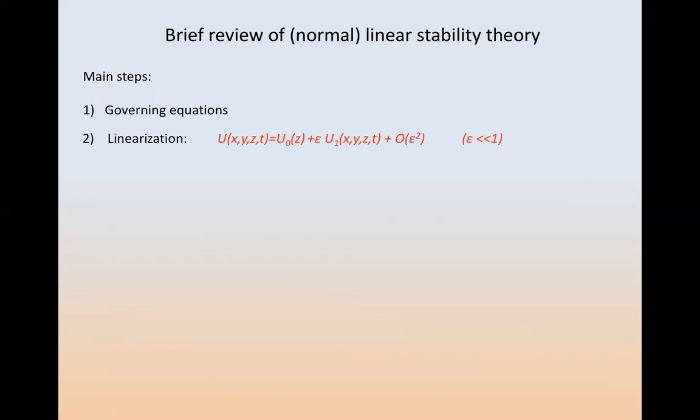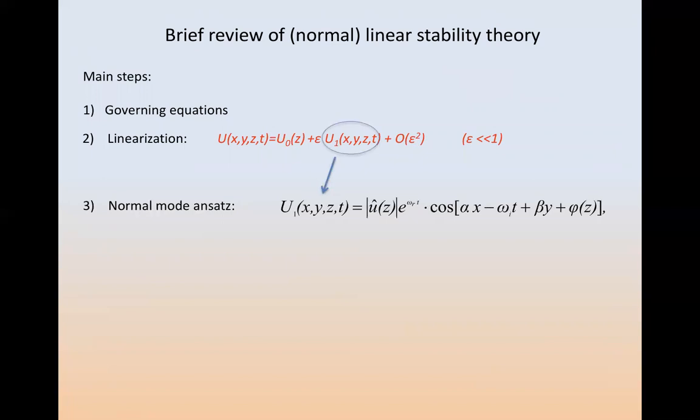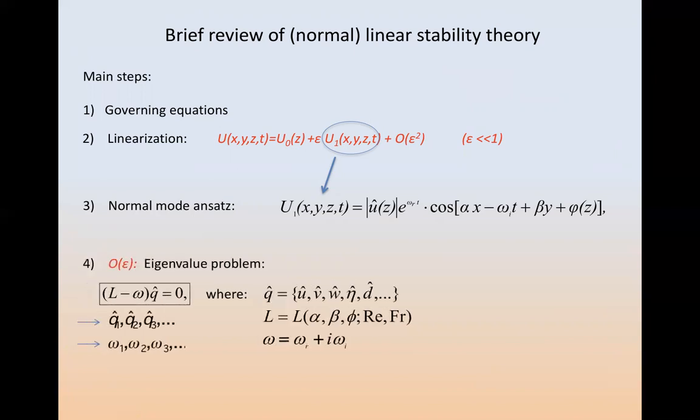So you're assuming a small parameter epsilon, and a normal mode ansatz, so a particular structure of the solution, where omega r plus omega i is particularly important because it's the eigenvalue of an eigenvalue problem. And we have also the eigenvectors, which are the solution of the eigenvalue problem.